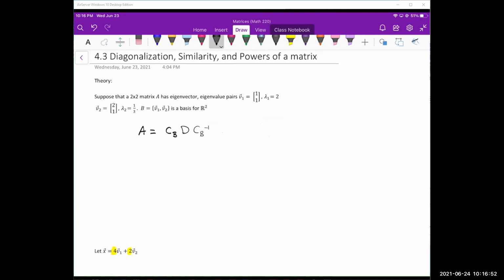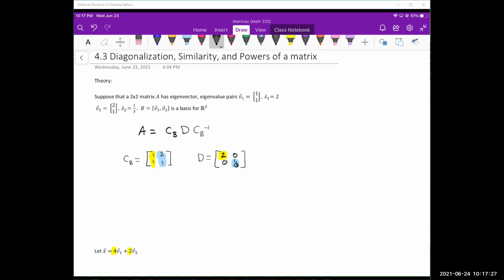The coordinate map is made up of these vectors, so 1, 1, and 2, 1. Our diagonal matrix has our corresponding eigenvalues. So this eigenvector 1, 1 has eigenvalue 2, and the eigenvector 2, 1 has eigenvalue 1/3.